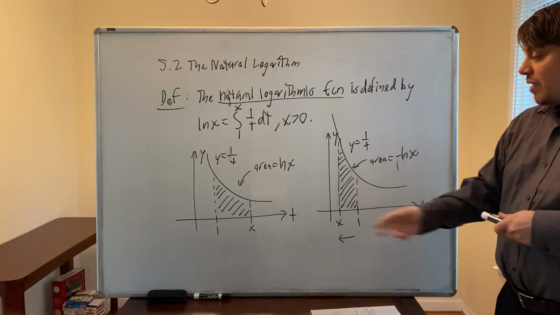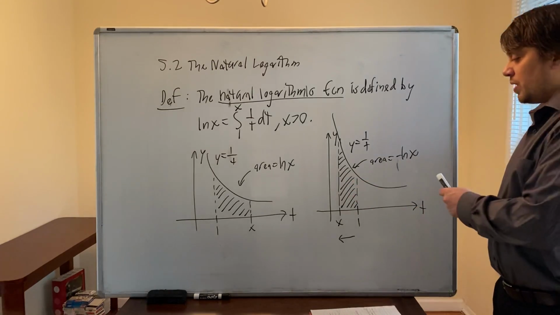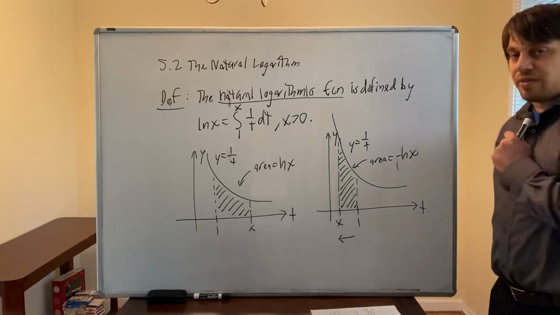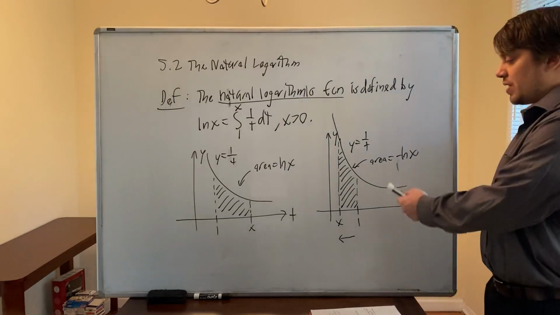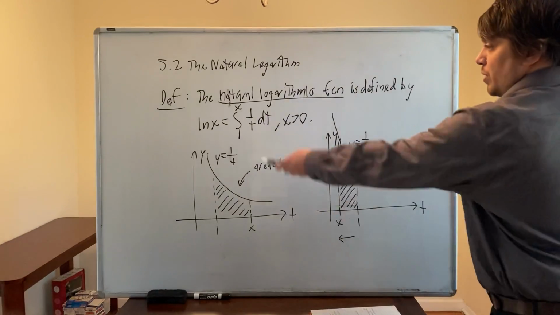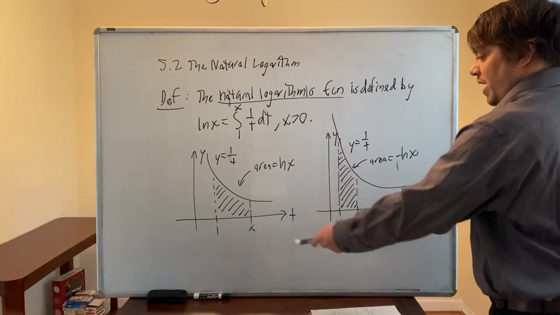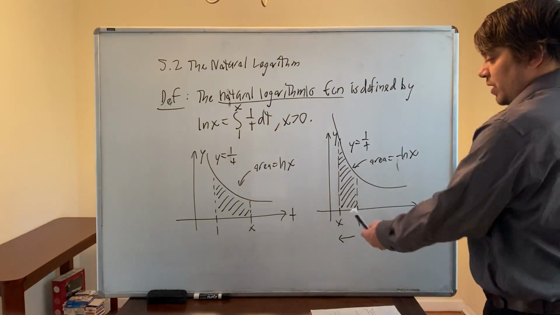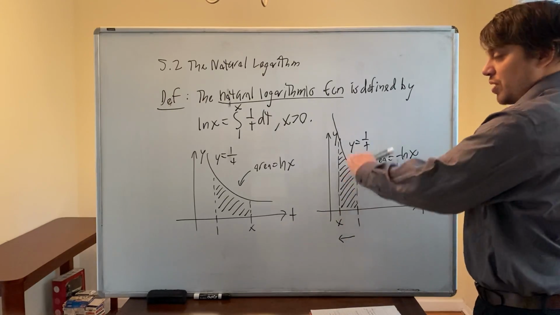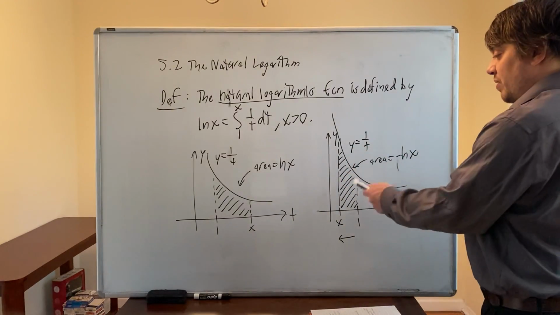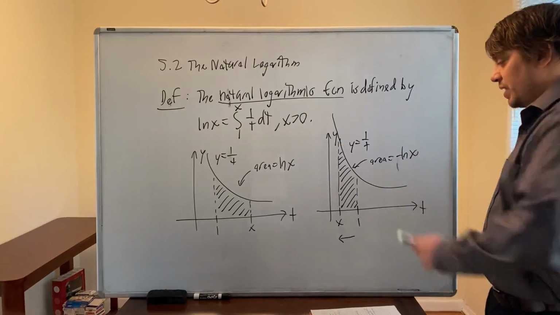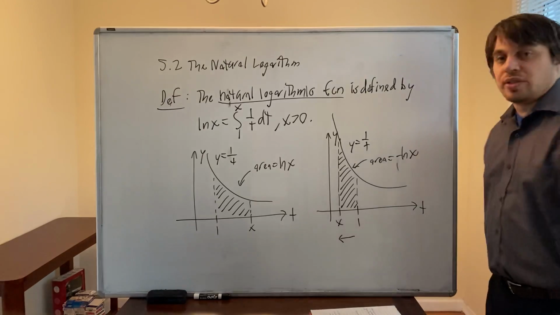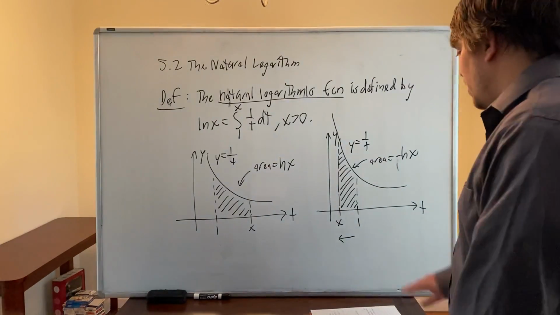But technically, the area here is positive, and so that's why the area is actually the negative of ln of x. The signs have to be adjusted because when you find ln of x, you're integrating from 1 to x. But if you look at this as an area, you're seeing this as a positive area because it's above the x-axis. And when you think of that, you would then be going to the right. But because we're going to the left, you have to take the negative of it to adjust the direction to the right. Okay? So that's confusing.